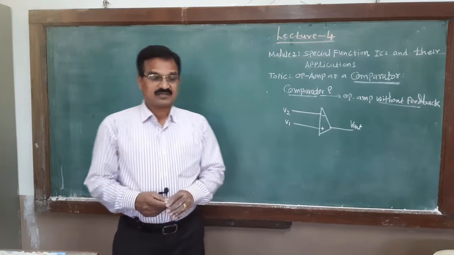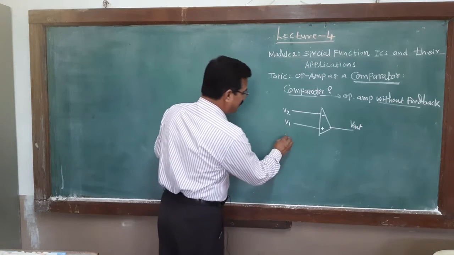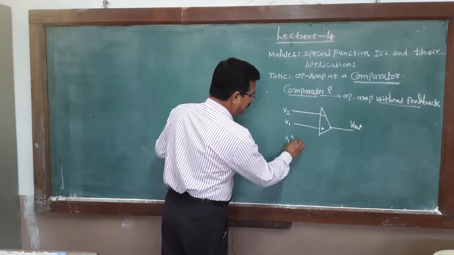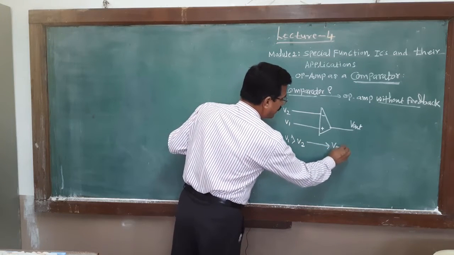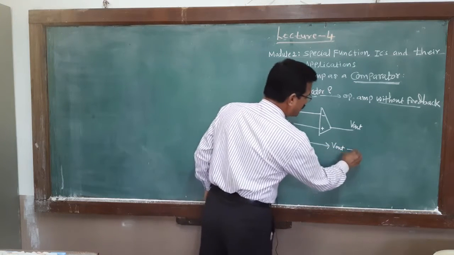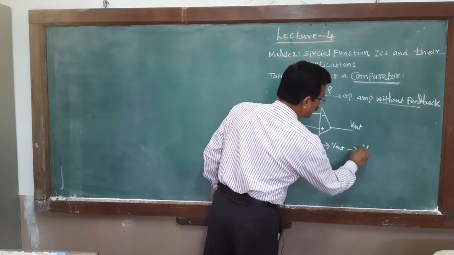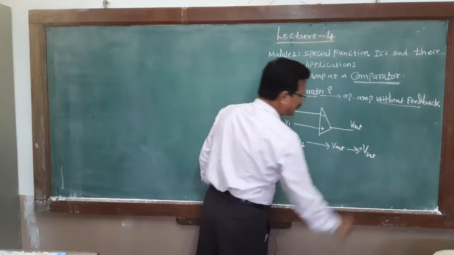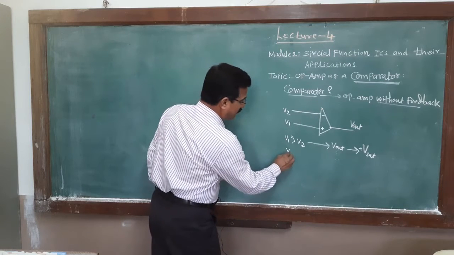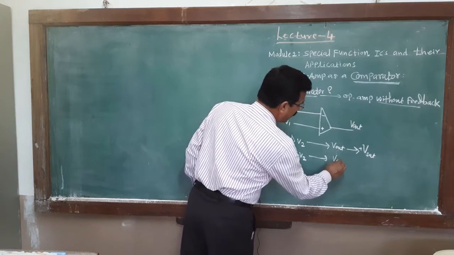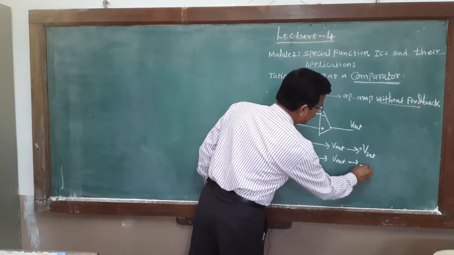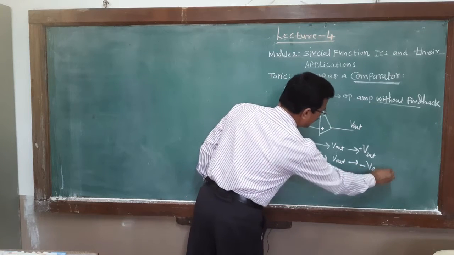You remember that when V1 is greater than V2, at that time the output is at positive saturation. And when V1 is less than V2, at that time V out is at negative saturation.